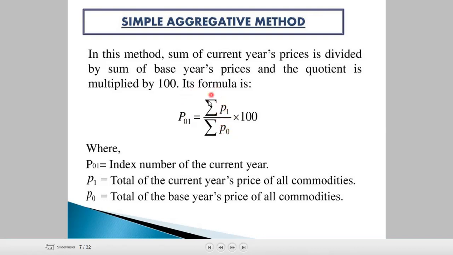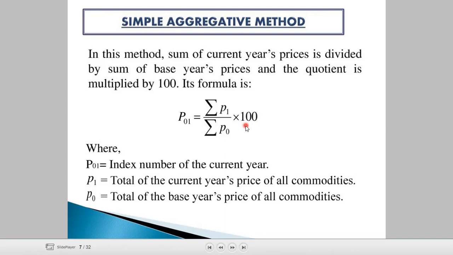And this sigma symbol stands for sum. That means we are going to take the sum of current year price upon sum of base year price into 100. Why are we multiplying by 100? Because index number is always presented in percentage.